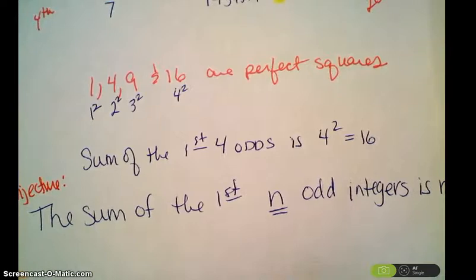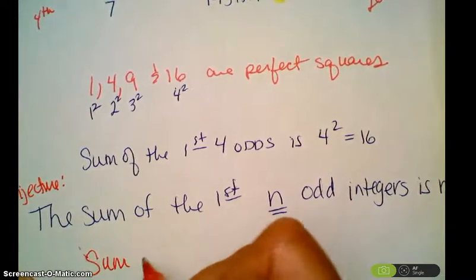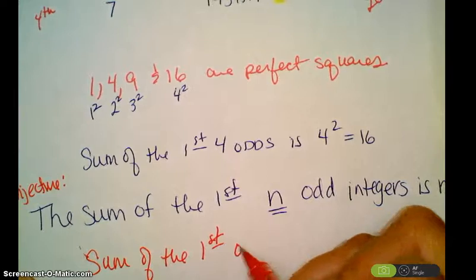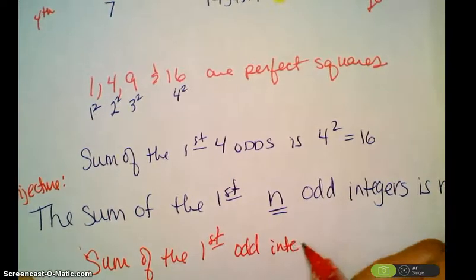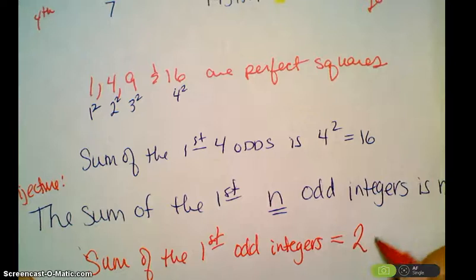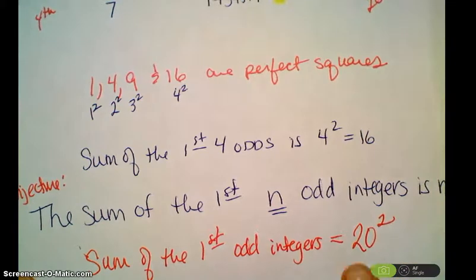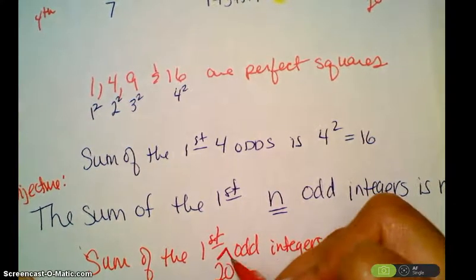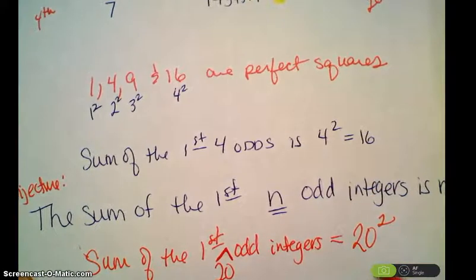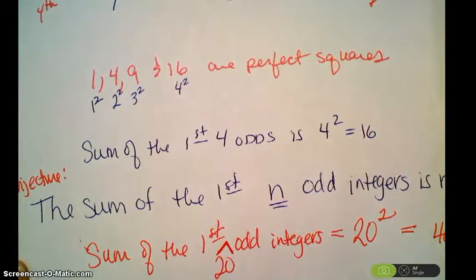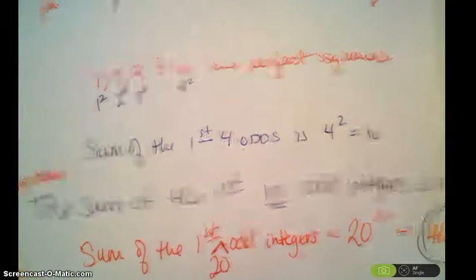So, the sum of the first 20 odd integers will be equal to 20 squared. And that is 400. And so that answers our question.